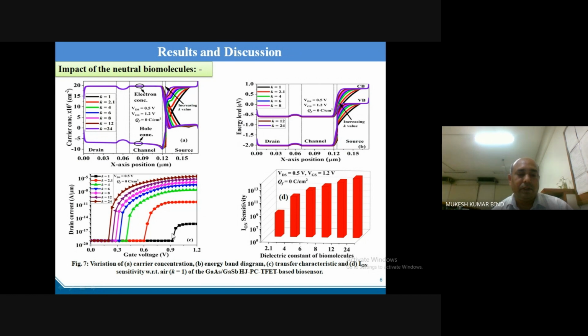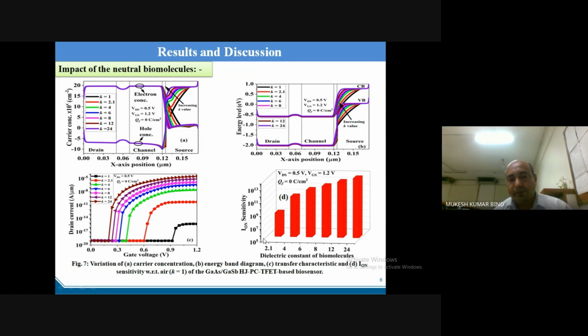In the transfer characteristic, it can be seen that when the K value of the biomolecule increases, the drain current of the device increases. Because when the cavity is filled with a higher K value, the coupling capacitance between the PG2 terminal and the source region increases, and the controllability of the PG2 terminal over the source region increases, and it controls the carrier concentration in the source region, hence the device on current increases.